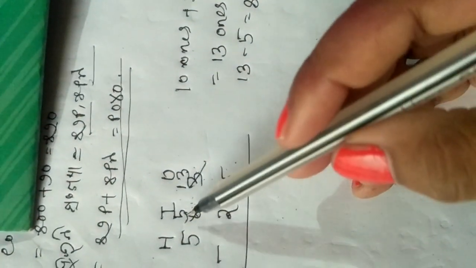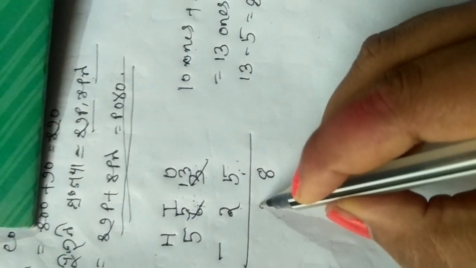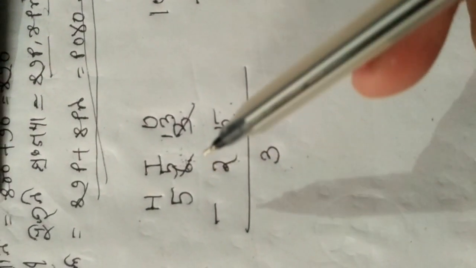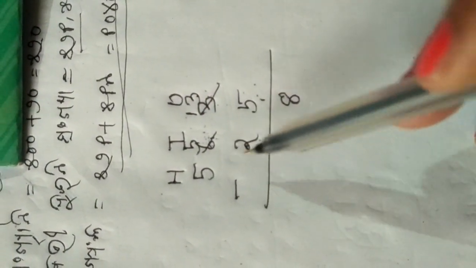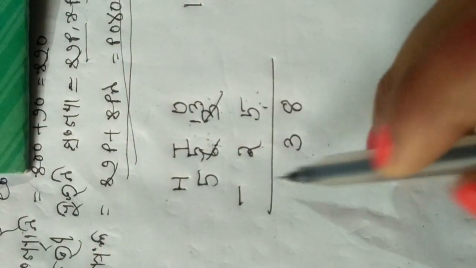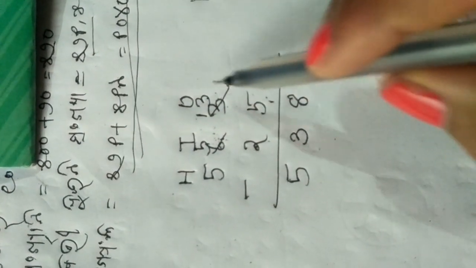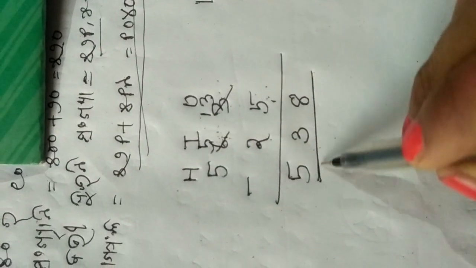Then we subtract 5 minus 2 is equal to 3. Then we go to the hundreds place and 5 minus nothing is equal to 5. So the difference between 563 and 25 is equal to 538.